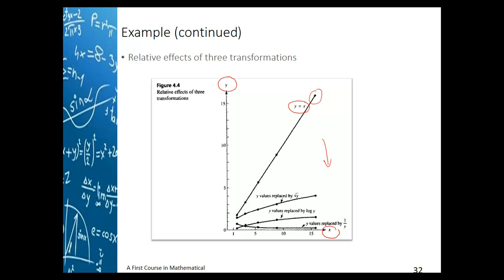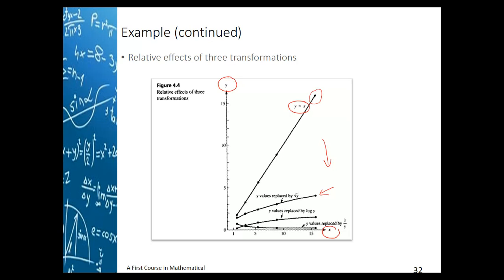Assuming that we bring it out slowly, you can see the behavior of your straight line now becomes this. Interesting, isn't it? That one is when you replace your y with the square root of y.